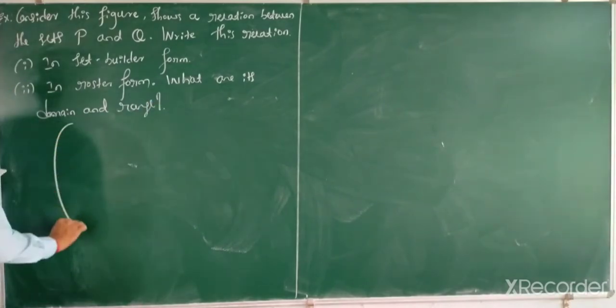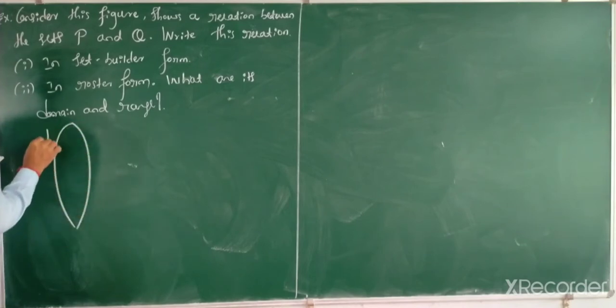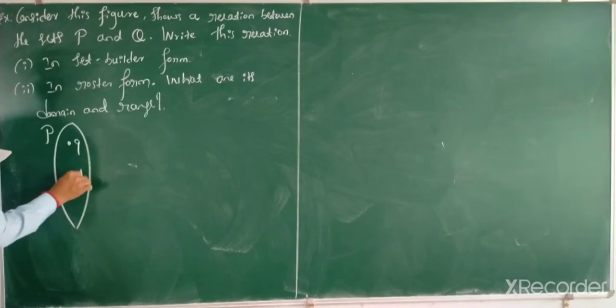They are given as sets, in the form of P: 9, then 4, and 25.